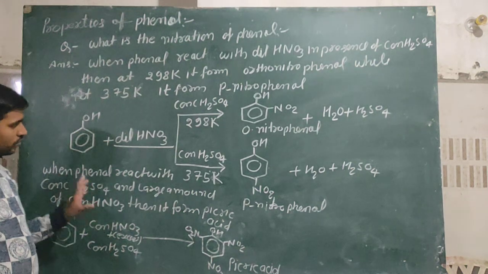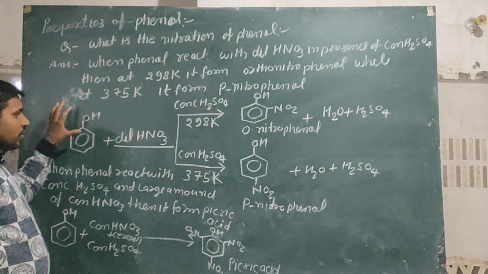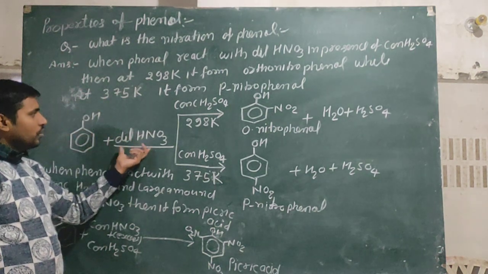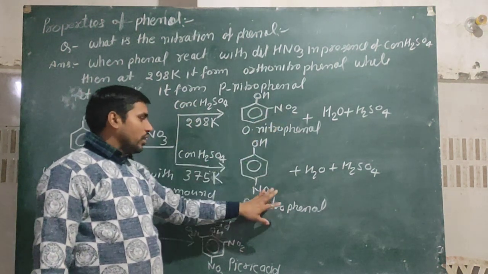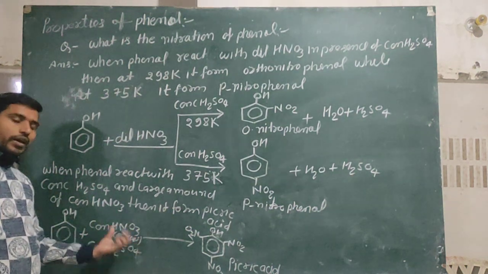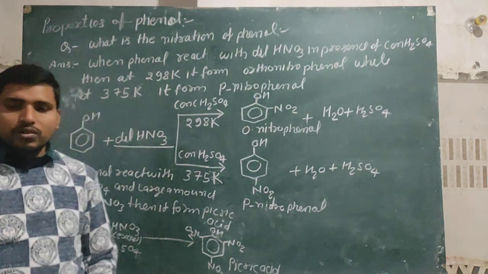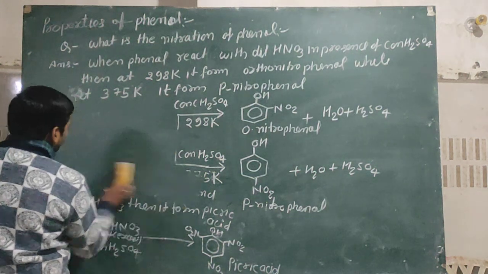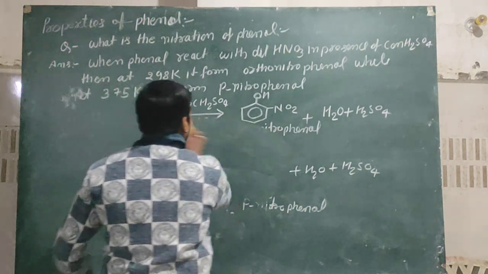It is the two types of reaction of nitrophenol, where in a small amount if we use dilute HNO3 in presence of H2SO4, then it forms a mixture of ortho and para nitrophenol. But if we use conc HNO3 in excess amount with conc H2SO4, then it forms picric acid. Okay, but its mechanism is also asked in your examination hall.